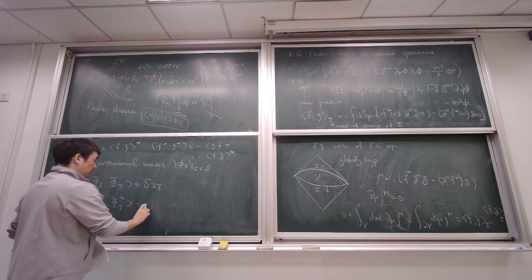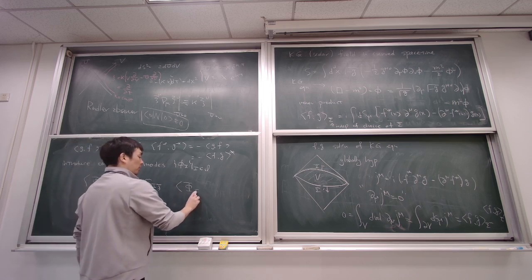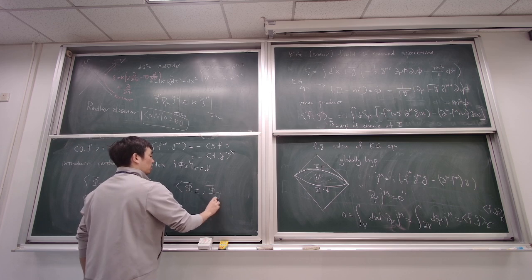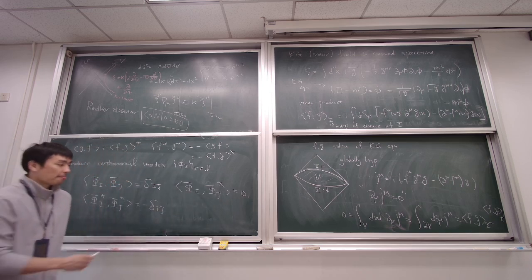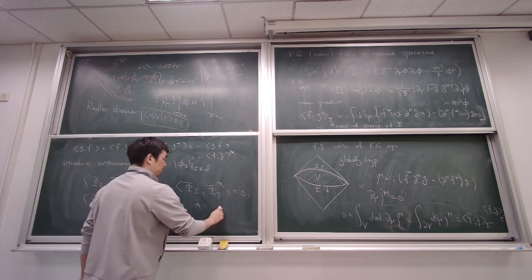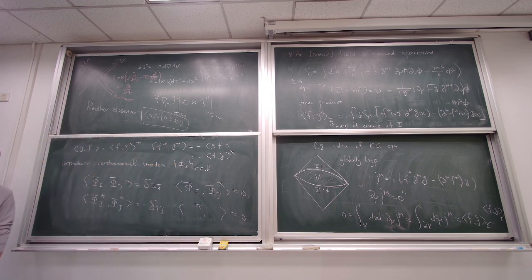So this is equal to minus delta ij, and then the cross term will vanish, and so on. Okay, so we introduce some orthonormal modes.